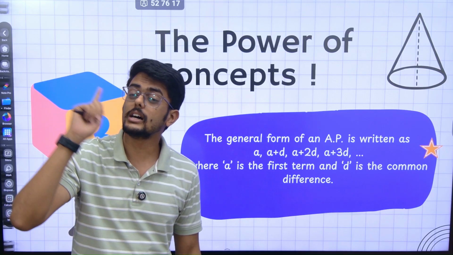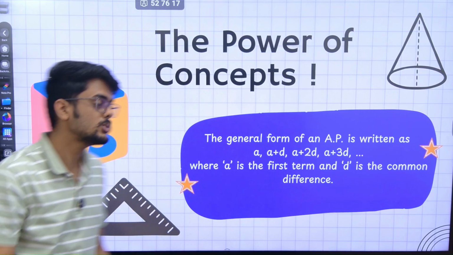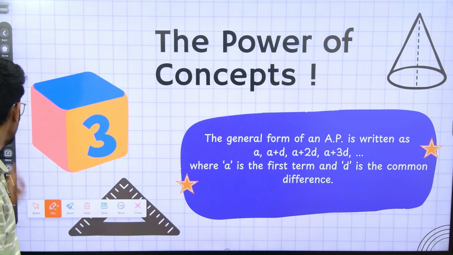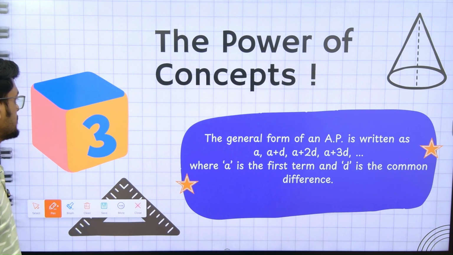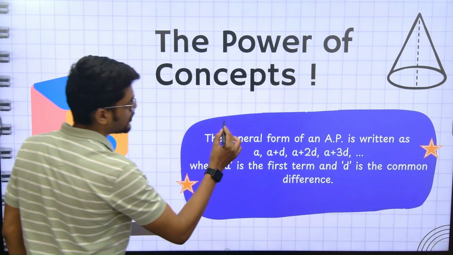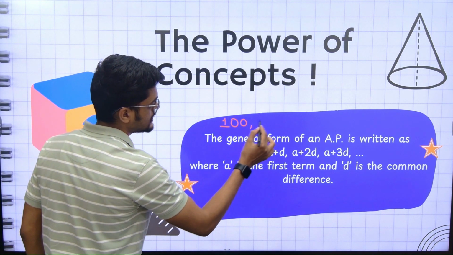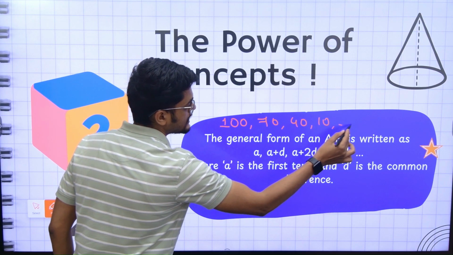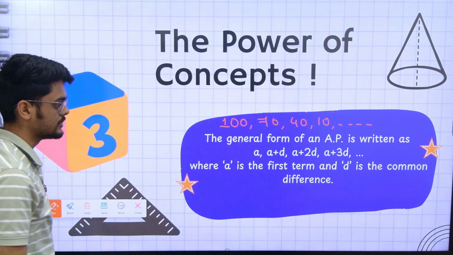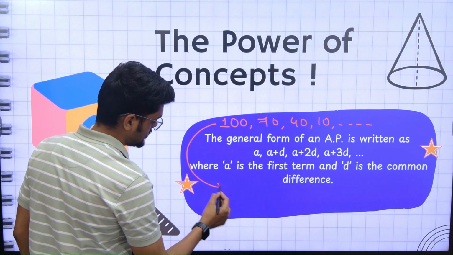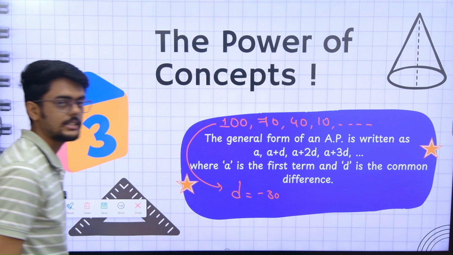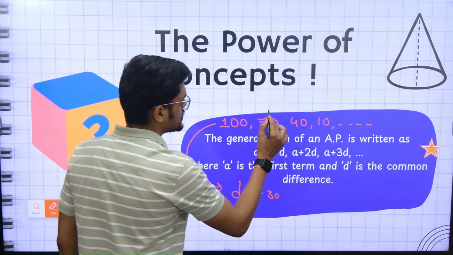Remember the AP which I had told you, it was 100, 70, 40, 10 and so on. Now, over here, we had seen that the difference was what? Minus 30.